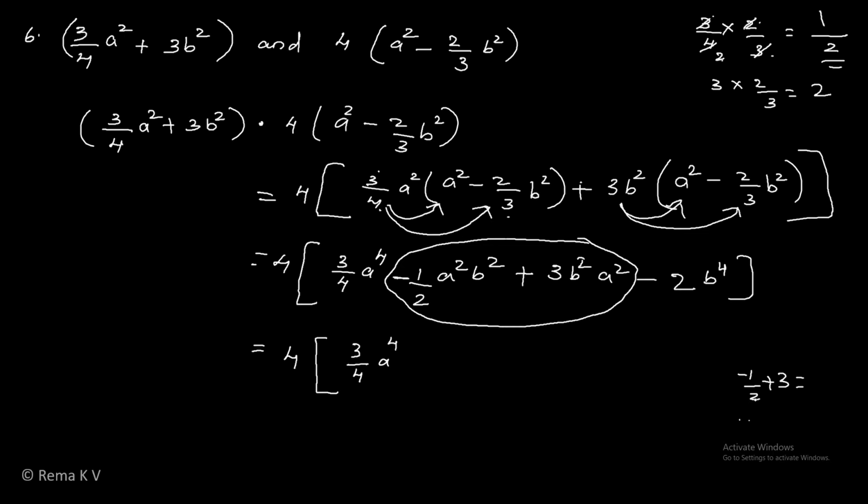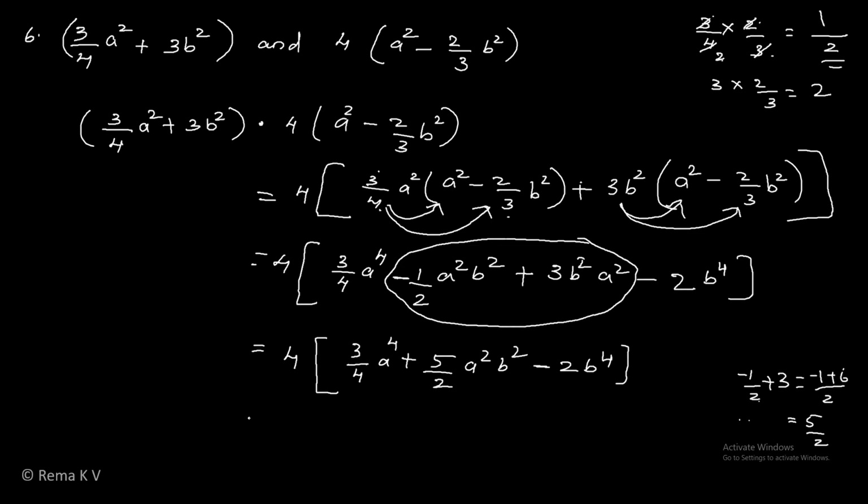Taking the LCM, 2 is the LCM here. Then minus 1 plus 2 into 3, 6. So the answer is 5 by 2. And you will get here as this is positive. So it is plus 5 by 2 a square b square minus 2b raised to 4.